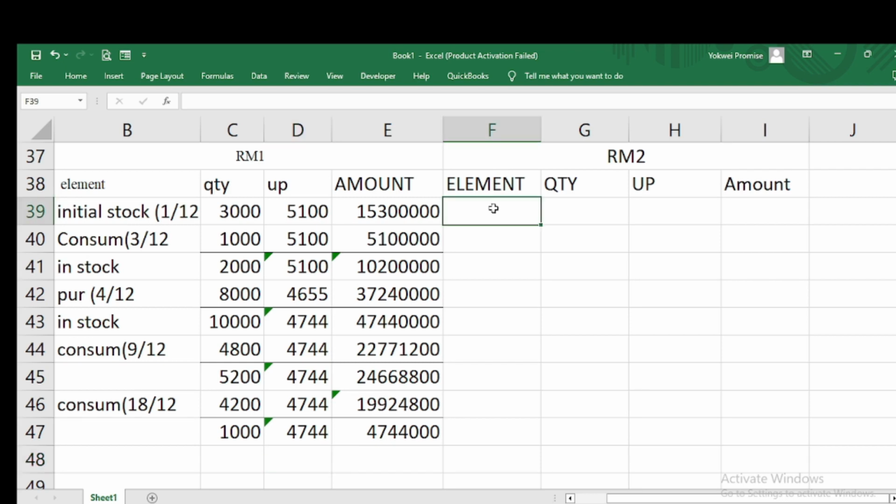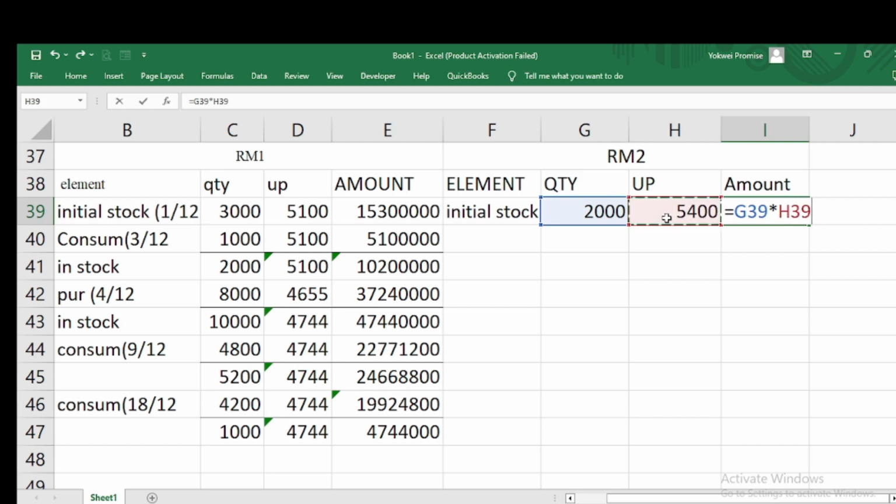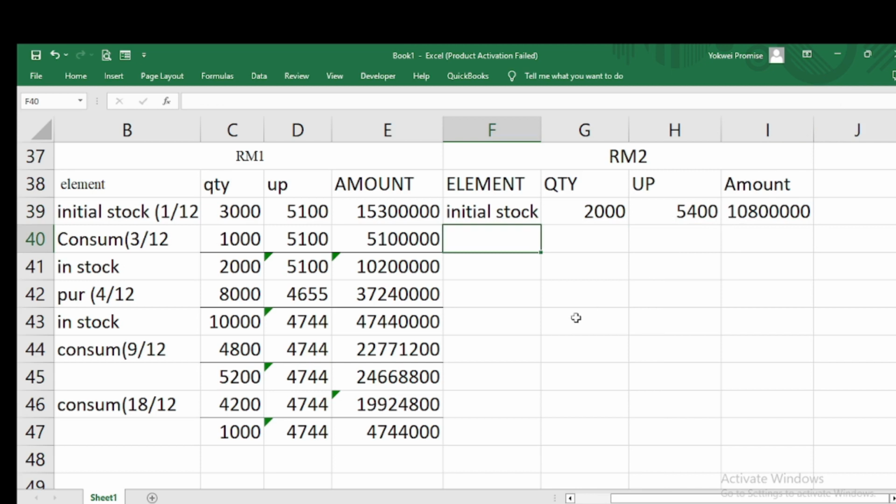Raw material 2. The first one I have is the initial stock, which is on the first, of 2,000 at 5,400, which will give us an amount equal to this, of 10,800,000.